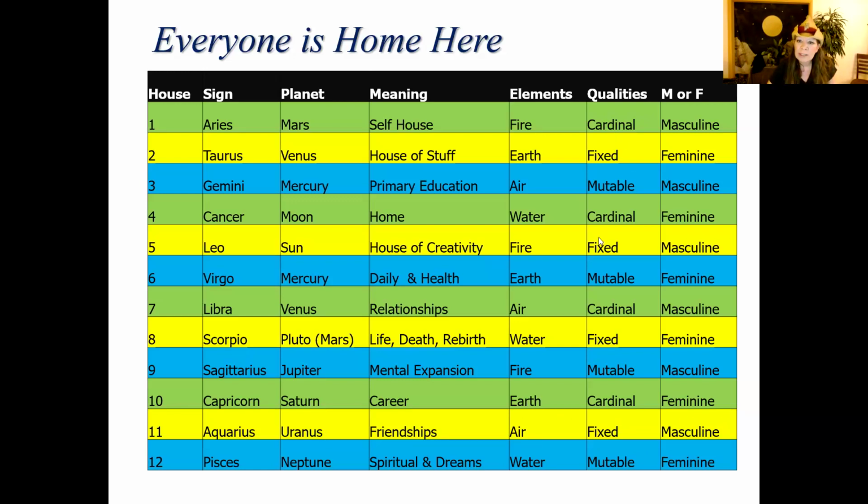So they all want to stabilize through the quality of being fixed signs. But Taurus wants to stabilize it in a grounded way, let's just secure it to the earth. Let's do something tangible. Leo wants to stabilize it by saying, no, this is how we keep the music going. This is how we keep the fire going.